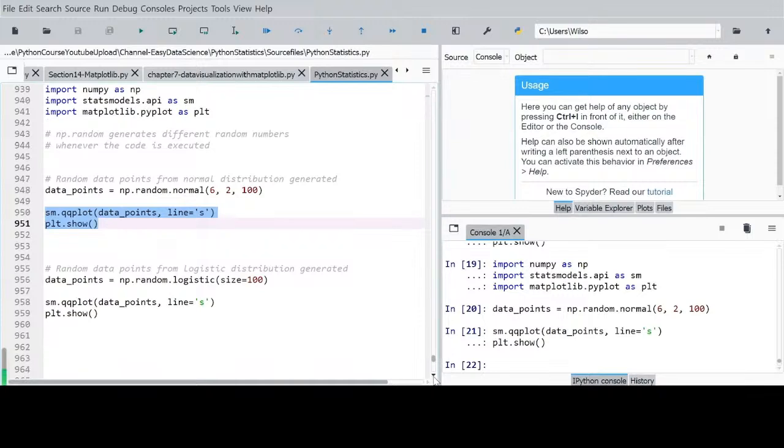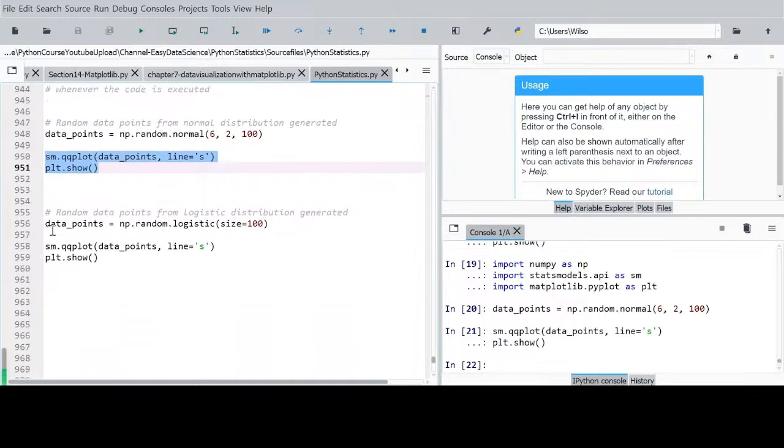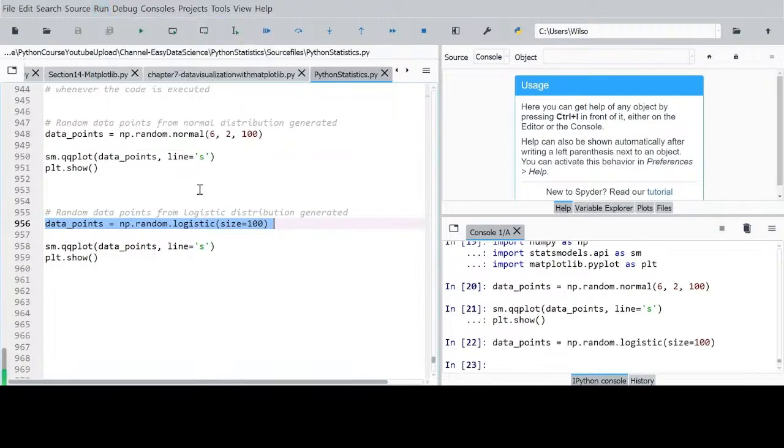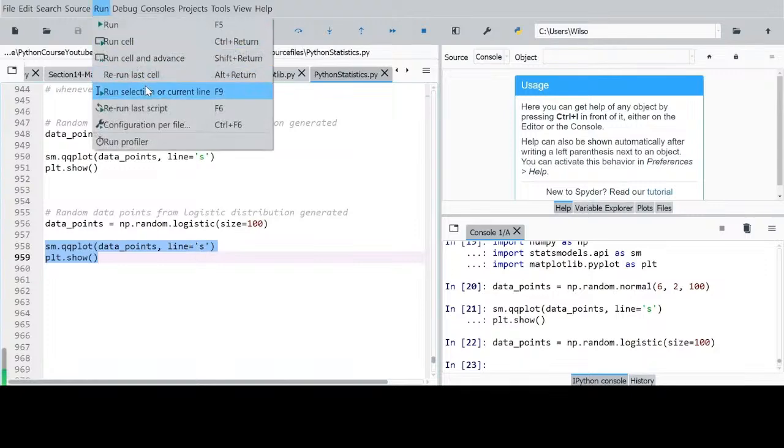So in the next example, first we draw some random numbers from a logistic distribution with the default setting, and also draw 100 such random numbers. Then, same as before, we plot the qqplot for this dataset and add a standard line in the plot.